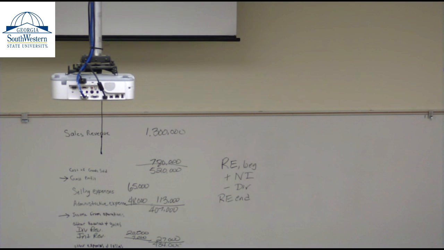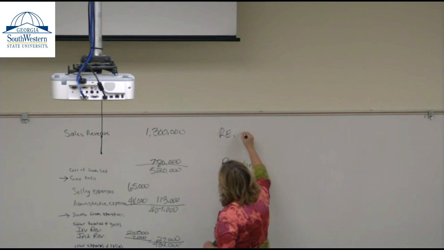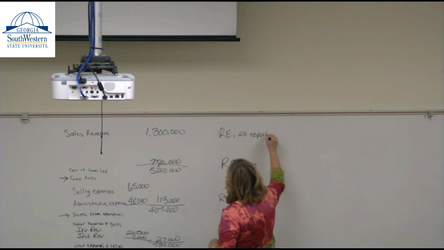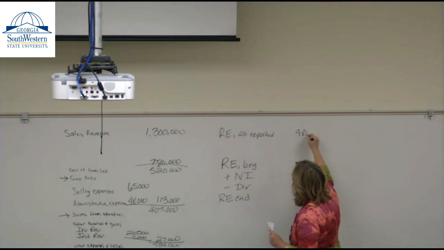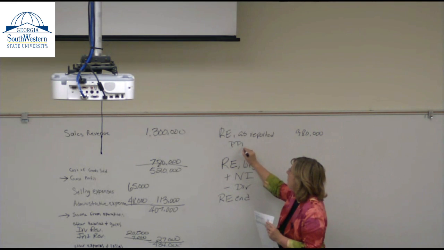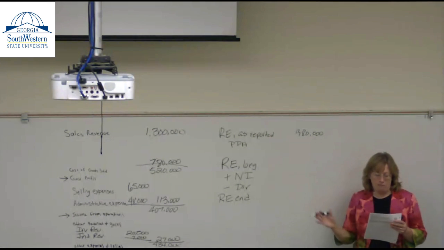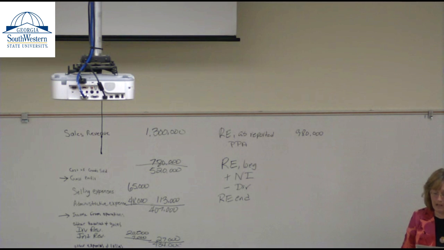This retained earnings on January 1st, right. So we have retained earnings as reported. This was what it used to say, which was 980, right? And then here we're going to have whatever our prior period adjustment is. In this case, it was correction of error of net income in prior period, right?